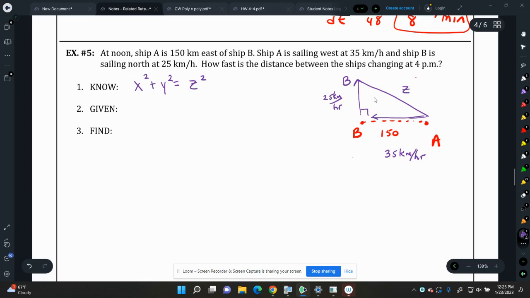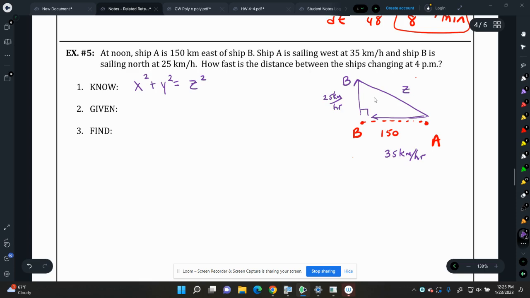And it's leaking water out here at a rate of 1 cubic centimeter per minute. So that would be considered what? If it's leaking, that's negative, and it's dV/dt, right?